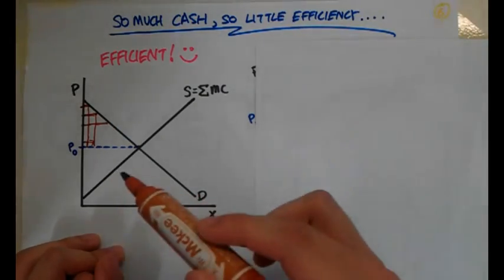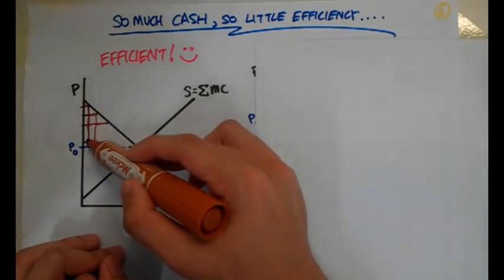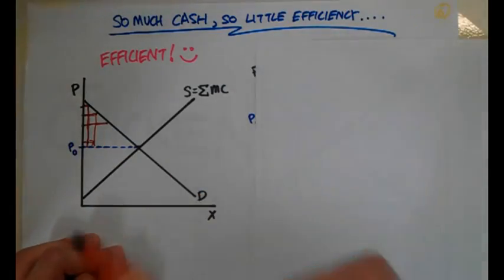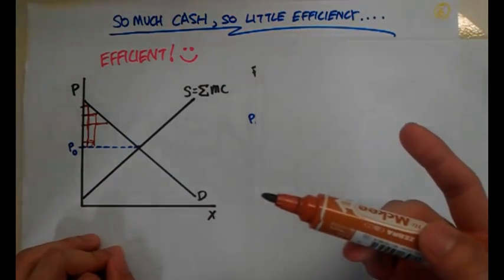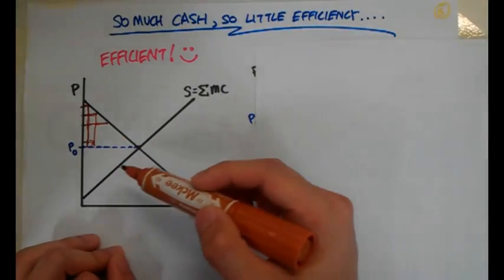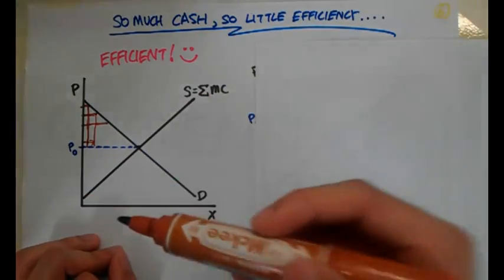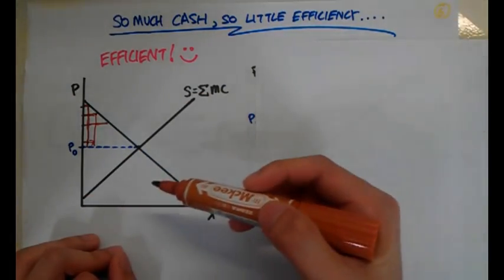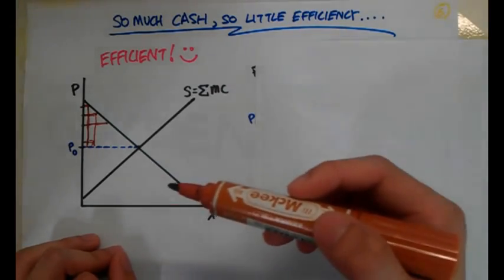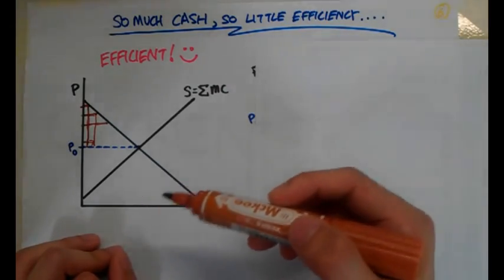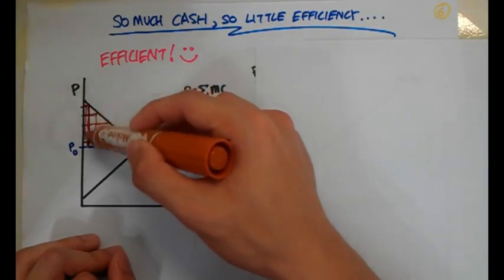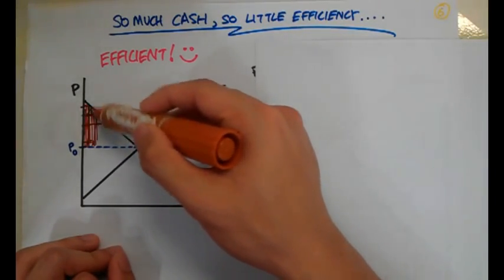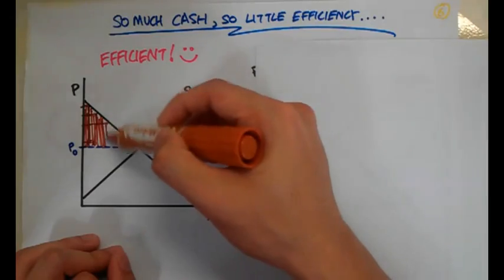But you've realized the people who are willing to pay this price can now get the good at P0. It's relatively cheaper to them because they are willing to pay a higher price. So what we call this is consumer surplus. It's a surplus because they could have been paying more, but now they're paying less, so they benefit from this lower cost. So this area over here is called the consumer surplus.